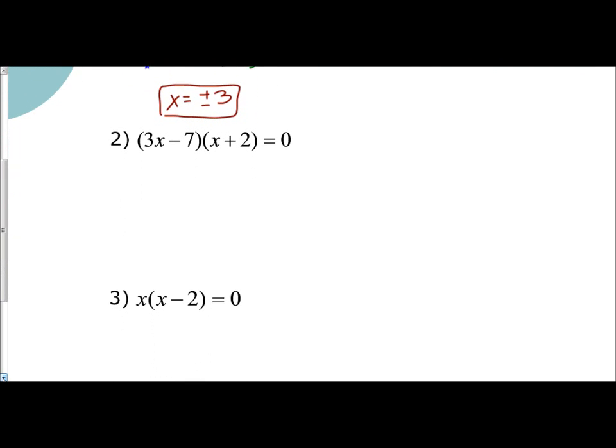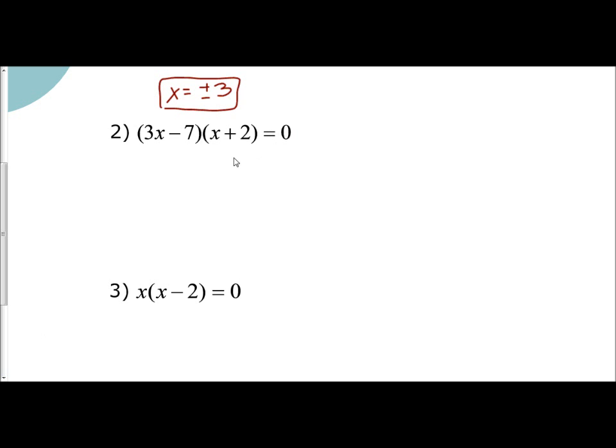We have the quantity 3x minus 7, times the quantity x plus 2. So we're going to set the first factor, the first parentheses, 3x minus 7, equal to 0. We could solve: you would add 7, and you would divide by 3.